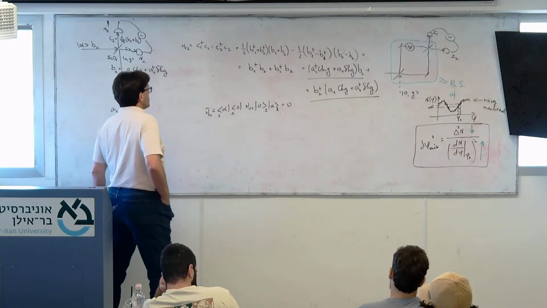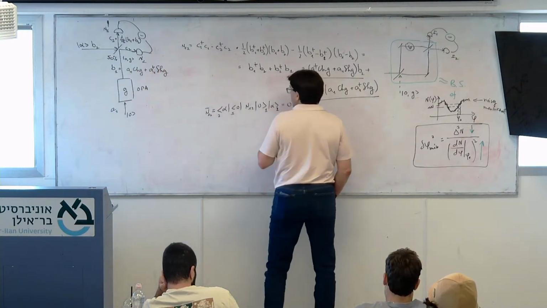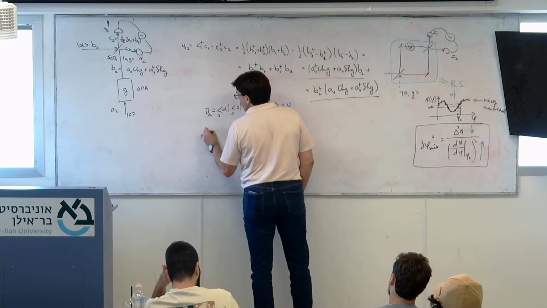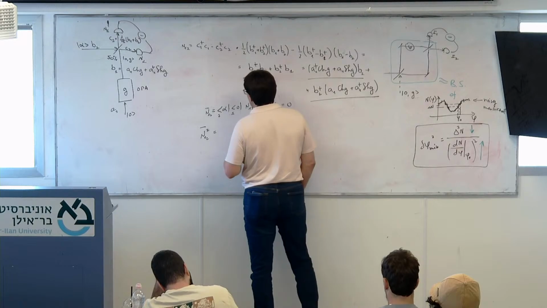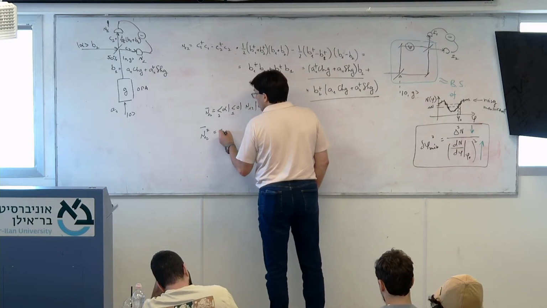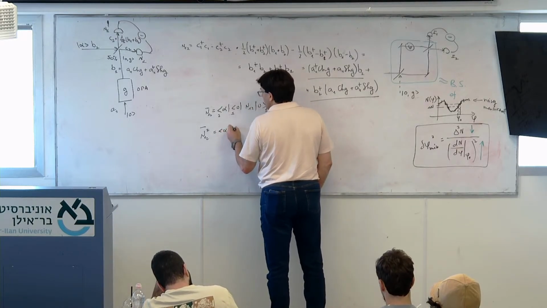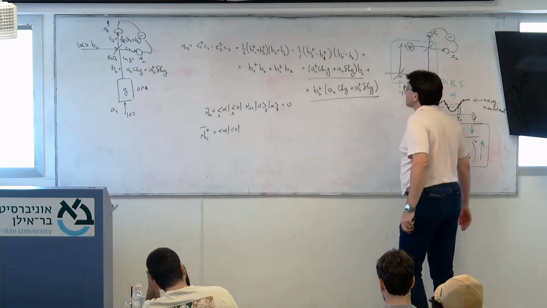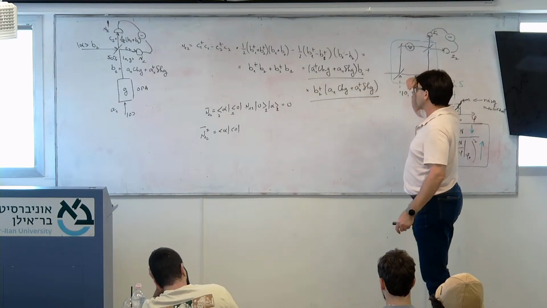And now, this on average is nothing, so we want to calculate N12 squared average, and that is, okay, so now we have alpha and vacuum, and then what? Okay, this plus that squared.